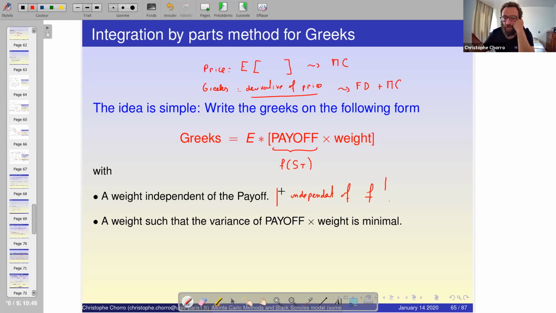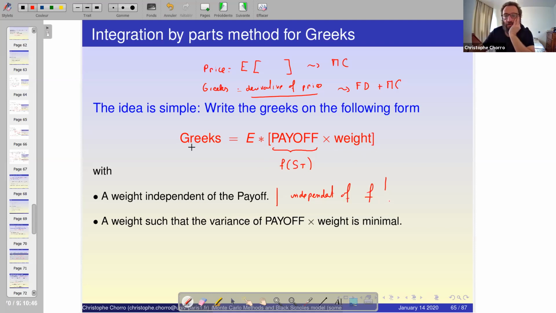The weight is just a random variable. If the weight is equal to 1, I recover the price. If the weight is not 1, I need to find the weight in order to make this equality true.